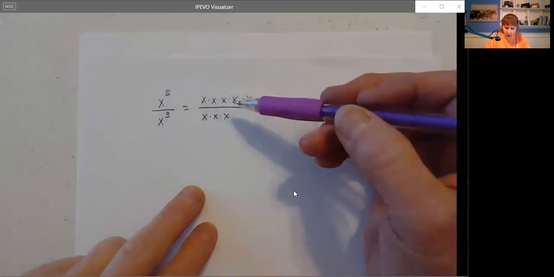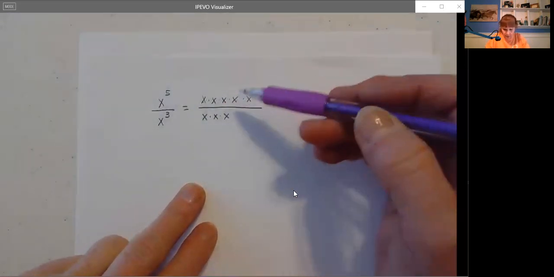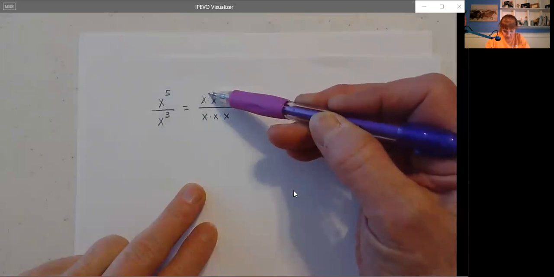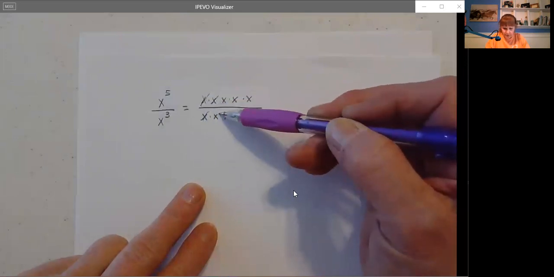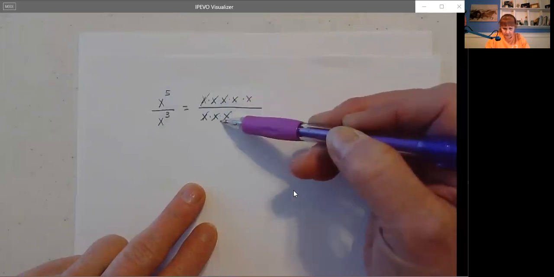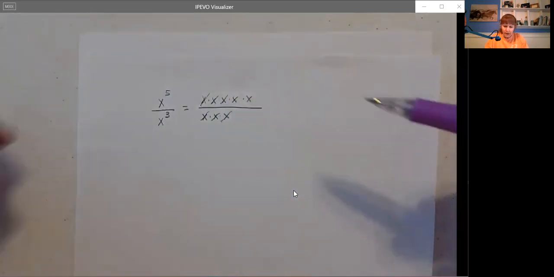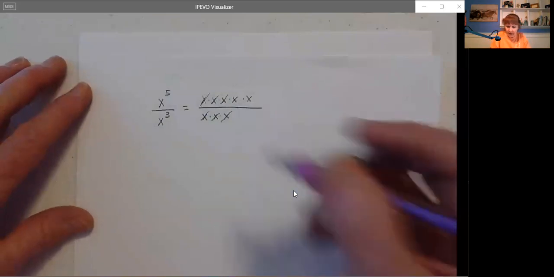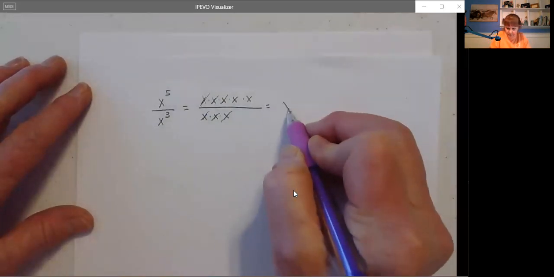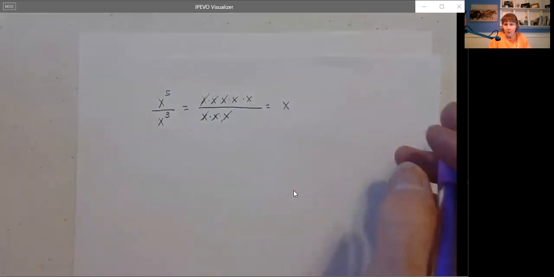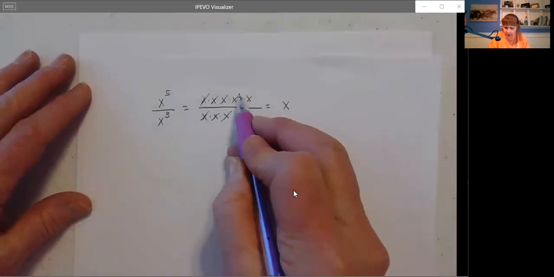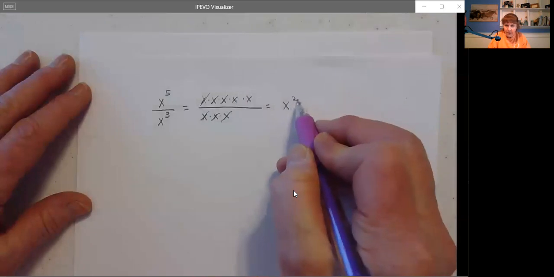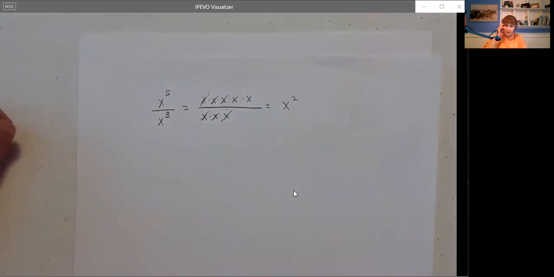Now we know from previous experience with division, or simplifying, these cross off and these reduce to a 1, which means we just have x squared. Because now we're back to our rule on multiplication, that when you're multiplying common bases, you add exponents. So you get x squared. We have 2 x's left.